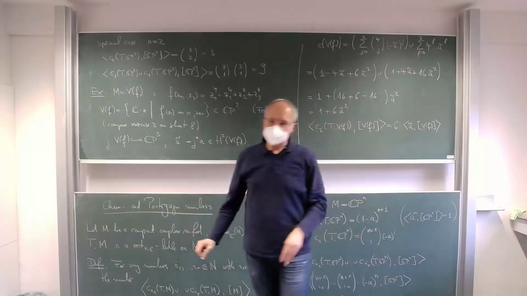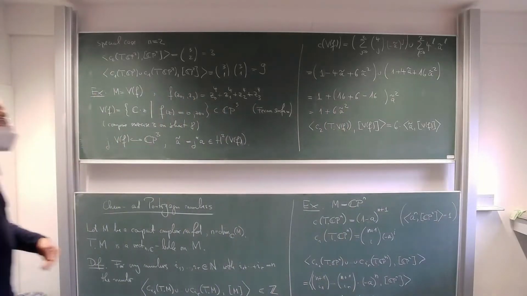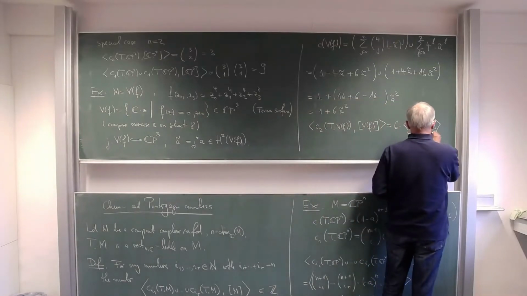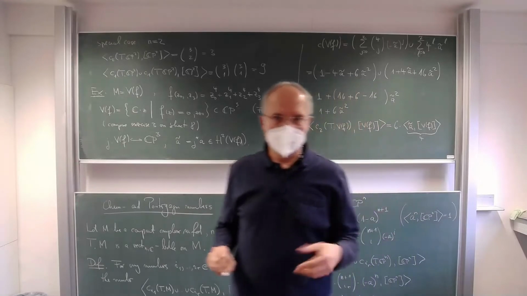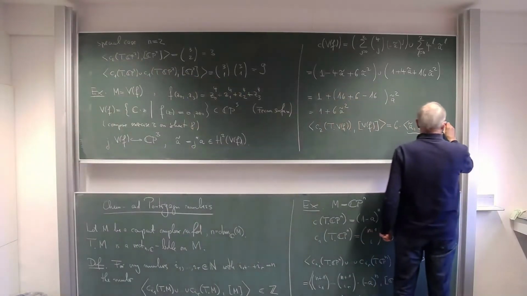Now we have to know what this integral gives. In case of CPN it gives us 1, but in this case it gives us actually 4. It's exactly given by the degree of this polynomial. So what we have in the F is 24.